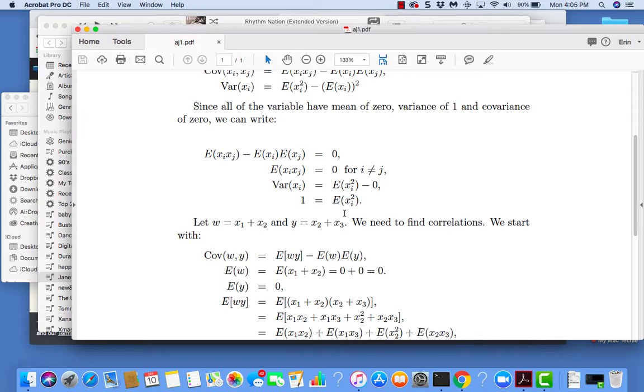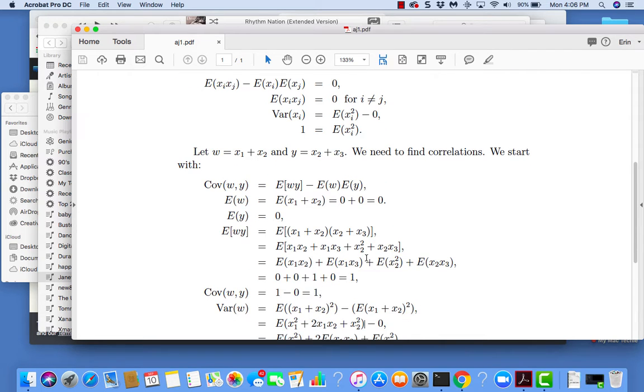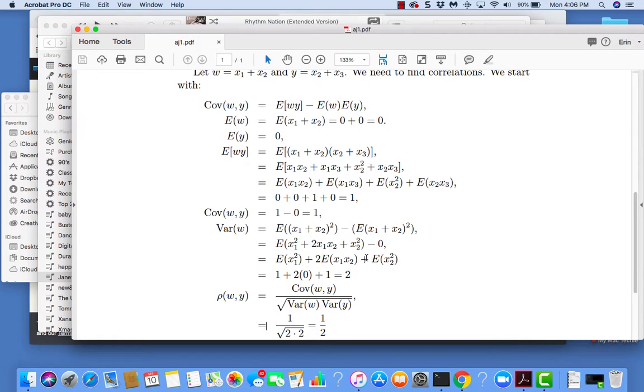Okay. So I'm going to let w equal x1 plus x2, and y equal x2 plus x3, and we're going to put these together and eventually solve for what they are. All right, hang on a second.